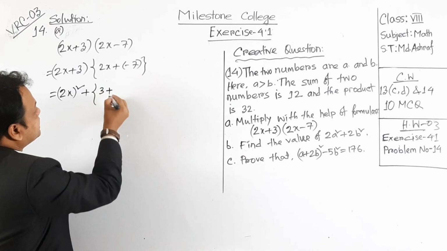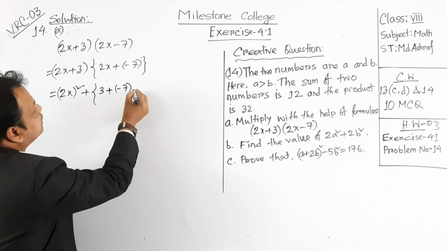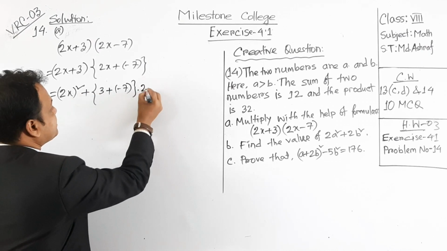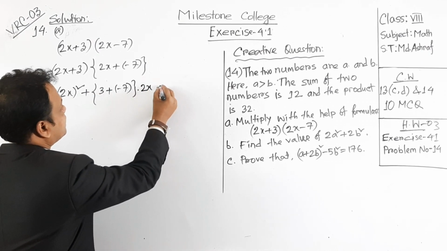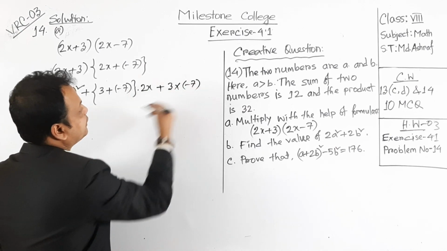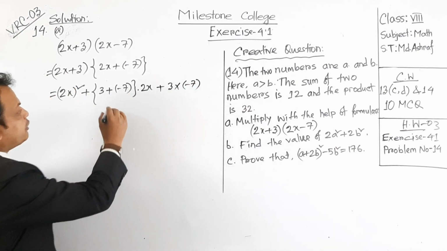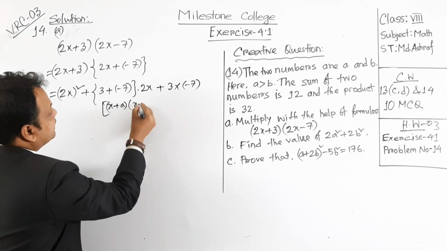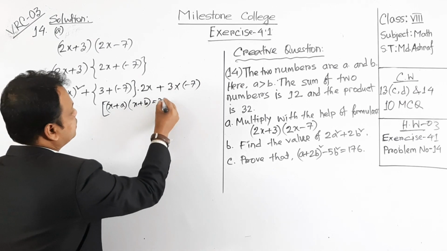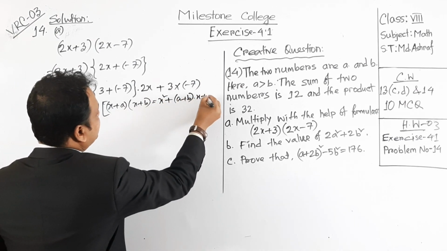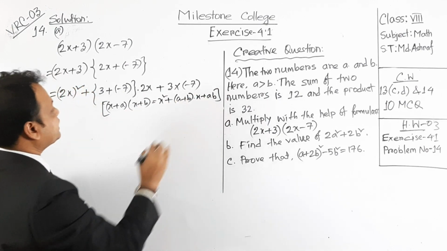So 3 plus b, that is minus 7, a plus b into x, that means 2x, plus a multiply b. Okay. So this is the thing. Now what have we applied here? X plus a into x plus b equals to x square plus a plus b into x plus a b. We have applied here this one.